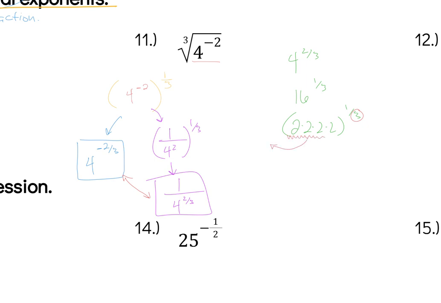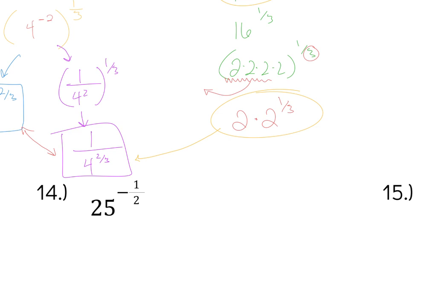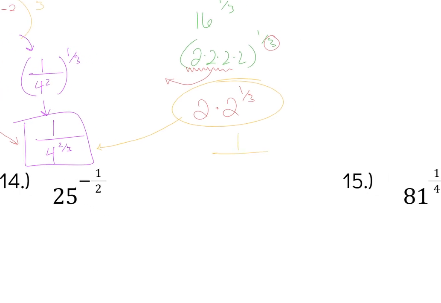And so this guy would actually go out and we'd have 2 times 2 to the 1/3 power, right? And so if this is equal to this, then we could rewrite like that. So here's that answer, 1/2 times 2 to the 1/3 power.